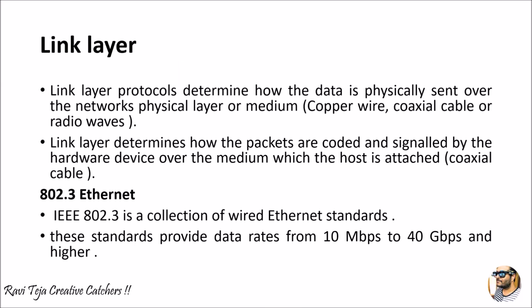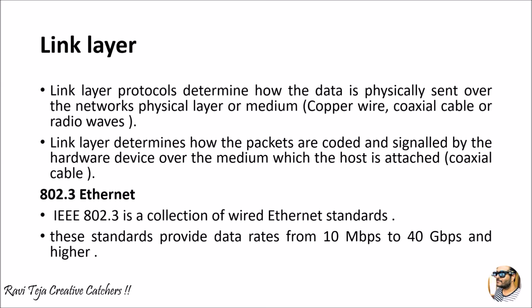And coming to the next layer, the link layer. The link layer protocols determine how the data is physically sent over the network, the physical layer or the medium. Suppose we need to send data. Sometimes it can be an internet cable, sometimes a wireless Wi-Fi router. So it determines how the data is physically sent, whether through a copper wire, coaxial wire, or wireless radio waves.